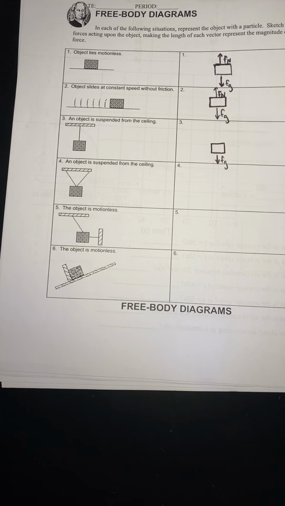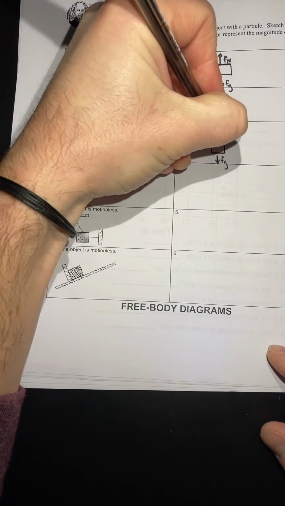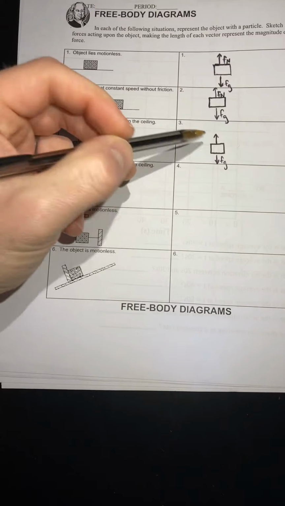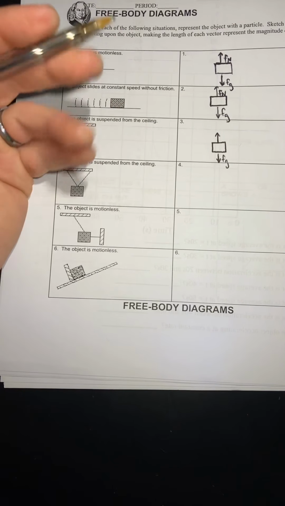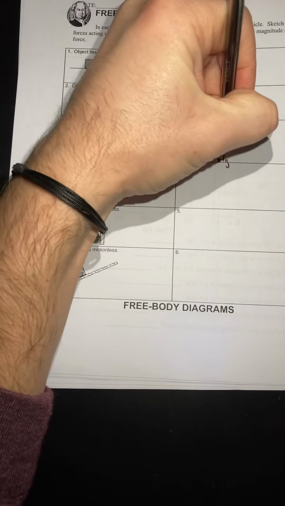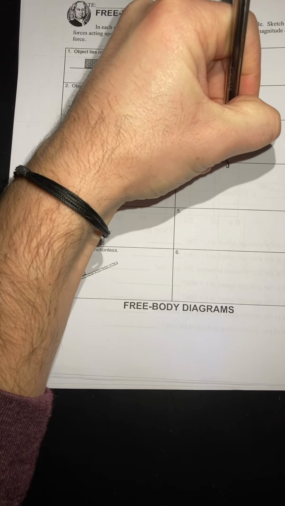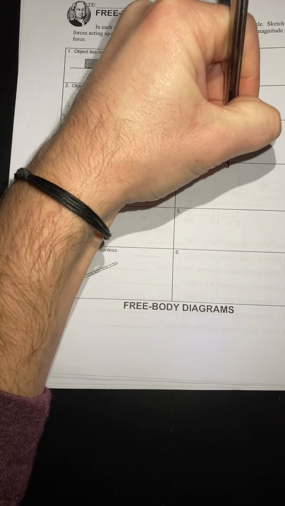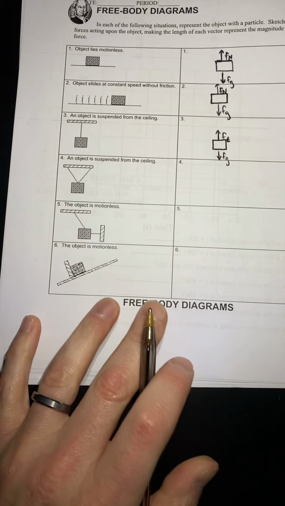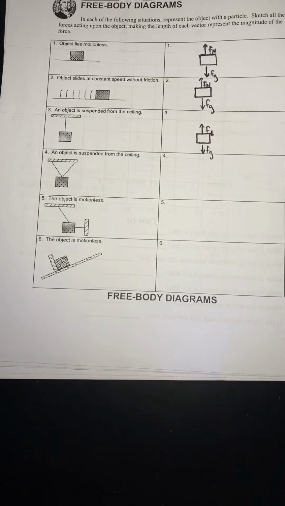You could also have, like if you're pulling something by a rope across the floor, that would be a tension force also. So right here, this is going to be a tension force. Size of the arrows should be equal, okay? So right here, you'd put FT for tension force.